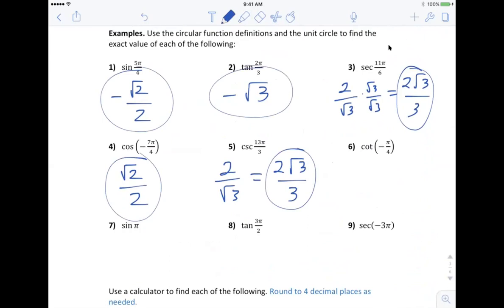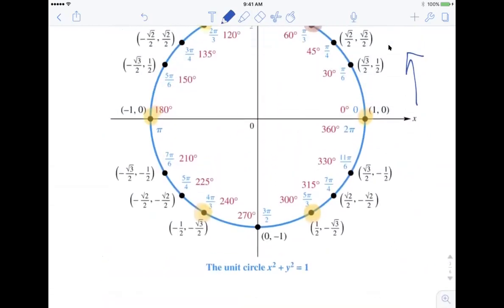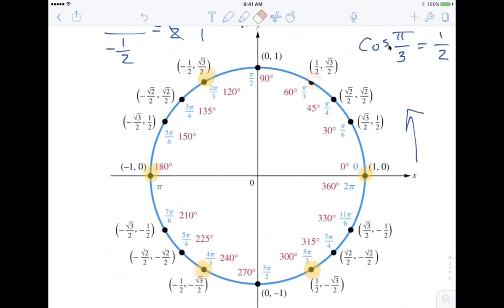Okay, cotangent of negative pi over 4. All right, so I'm going that way. That's 1 pi over 4 in this negative direction, which puts me right there. So I have my angle, and cotangent is the reciprocal of tangent.